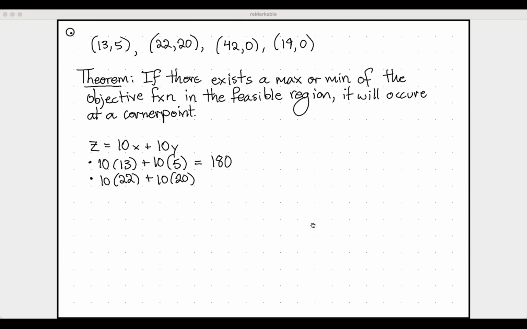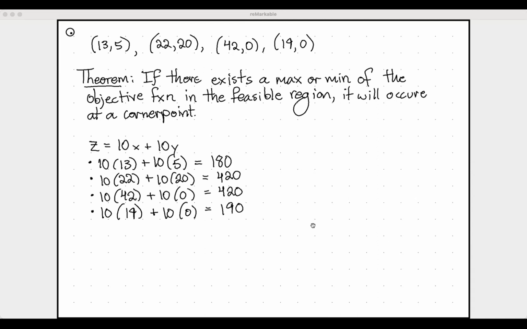That's 220 plus 200, 420. So that one's much better. Last point here, 10 times 42, 10 times 0. Well, that's also 420. Interesting. And then lastly, I've got 10 times 19 and 10 times 0. That's 190.